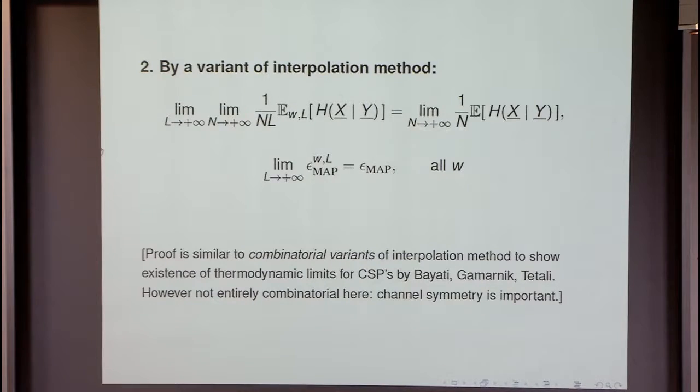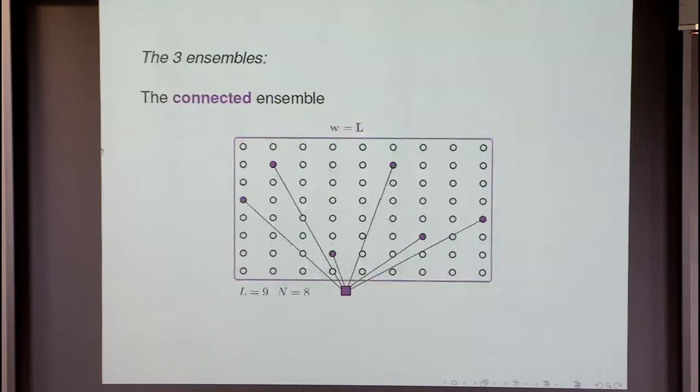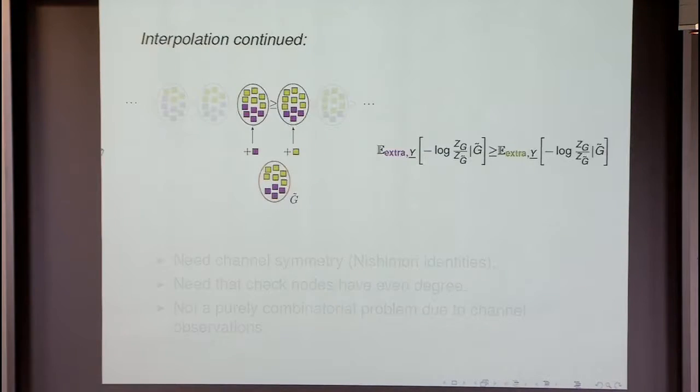And so we prove that this conditional entropy for the coupled system is equal to the original conditional entropy. So then, of course, the map threshold of the coupled system is equal to the map threshold of the original system. Okay, and so I'll skip the proof ideas of this.